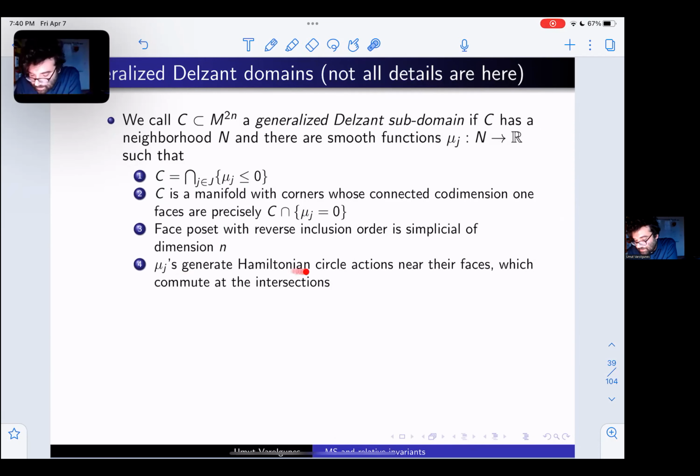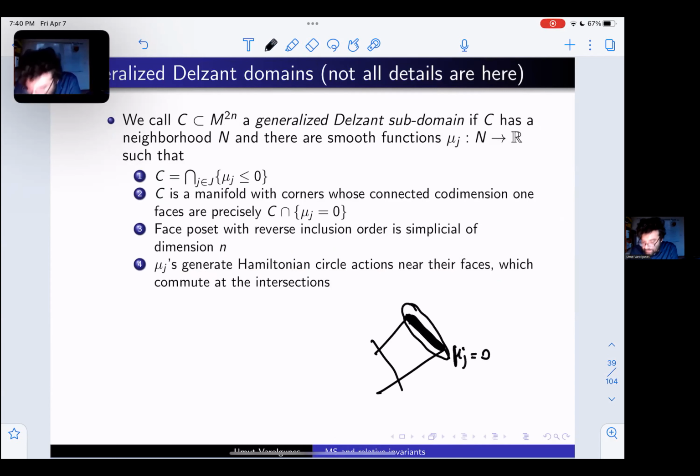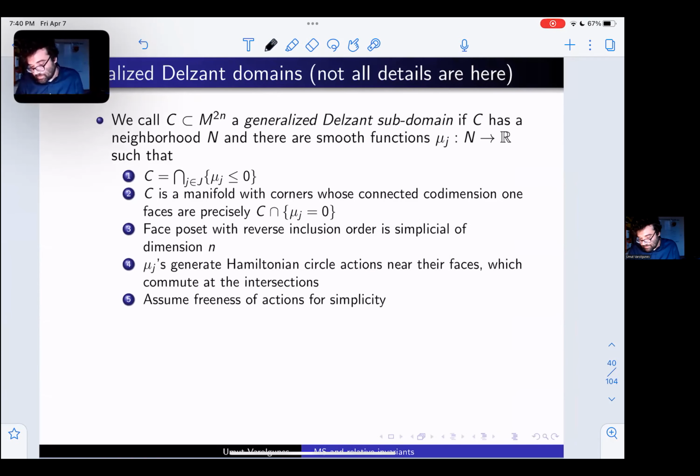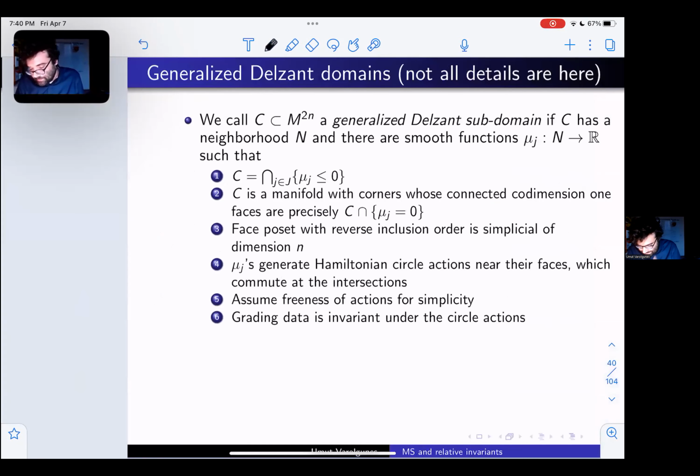Okay, the mu j's generate Hamiltonian circle actions near their faces. So as I was saying, if you have something that's defined by these functions, this is the mu j equals 0, then in a neighborhood of it, this generates an S1 action. And as I said, I will assume some freeness of the action, but this can be relaxed.